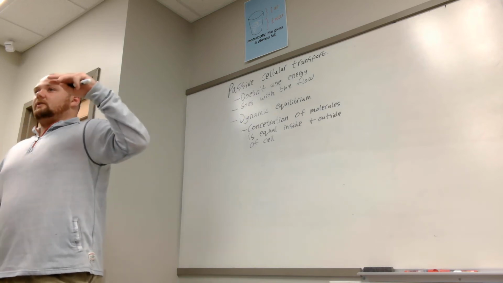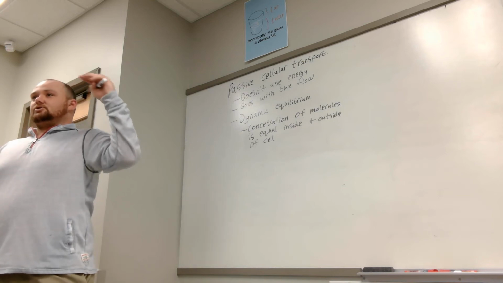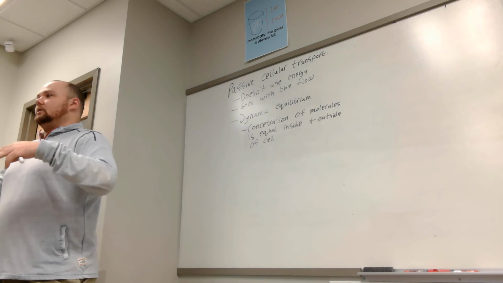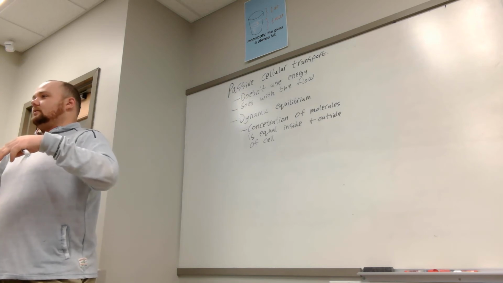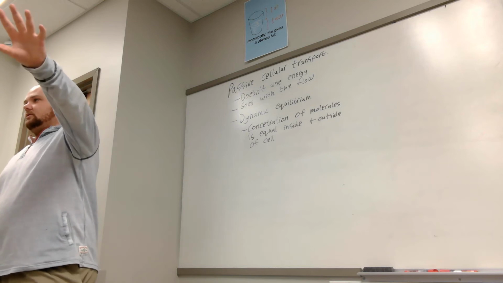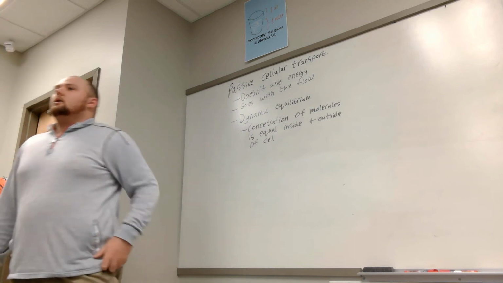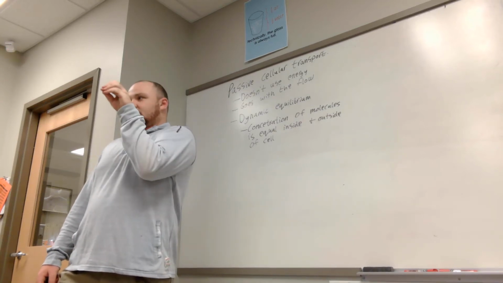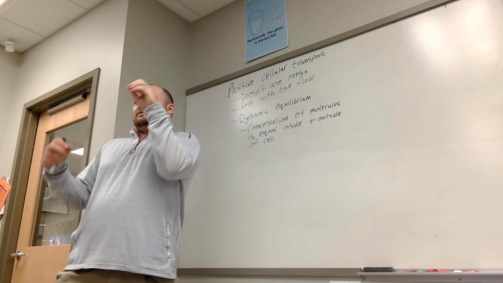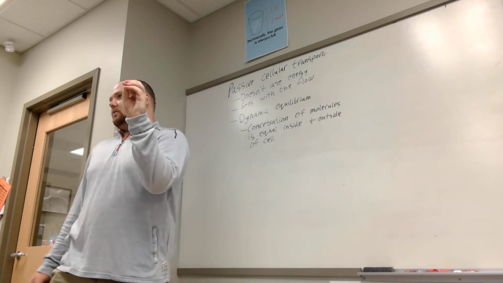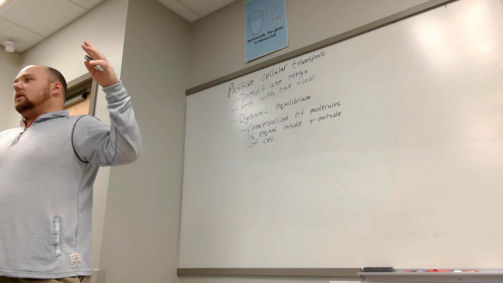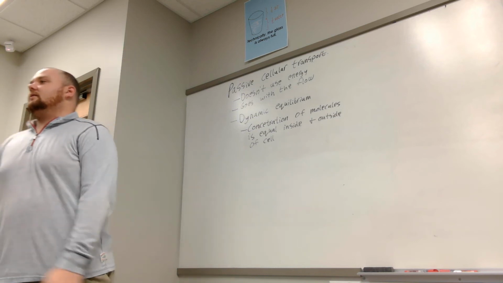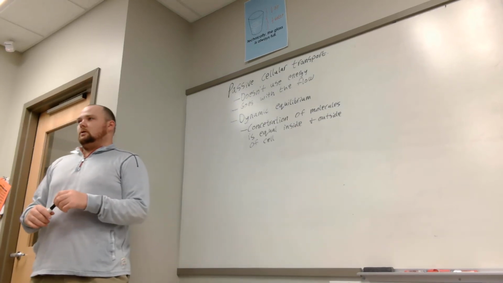So the cell's going to try to equal it out and push a bunch of water out of the cell to match what's outside. This is what the lab we're going to do will show. By pushing water out, the cell basically shrivels up, and you don't want that because then it doesn't work very well. And you don't want your cell to get too full of water, because then it'll explode, which doesn't work well either.